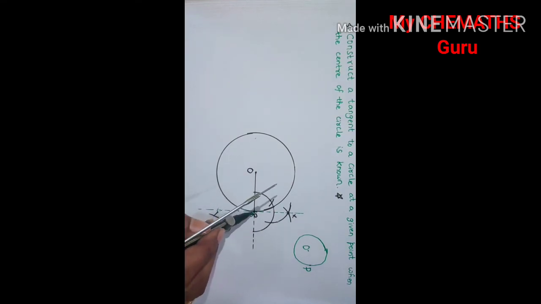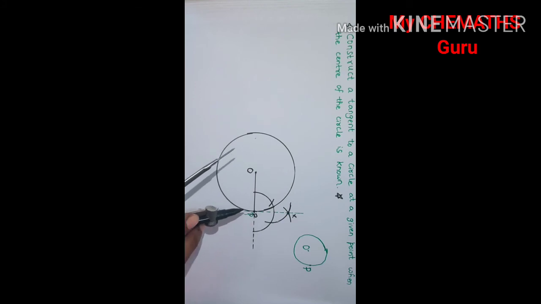Through a point we cannot draw more than one perpendicular line, so we can construct a tangent to a circle at a given point in only one way. One and only one tangent we can draw. We cannot draw more than one tangent at a given point on the circumference of the circle.